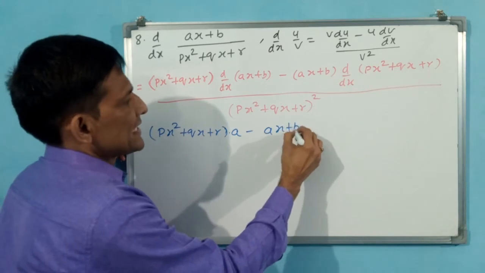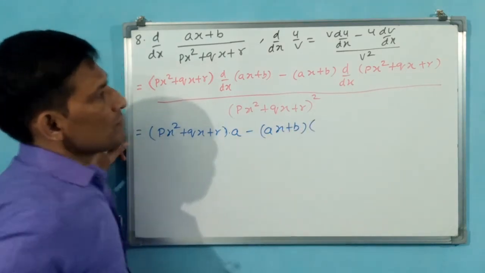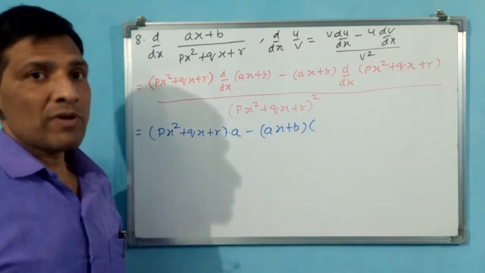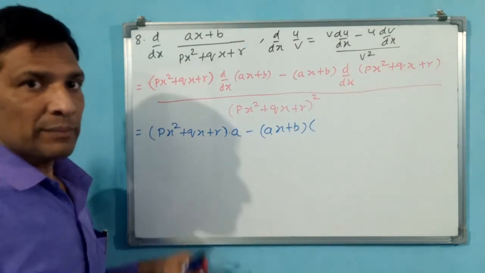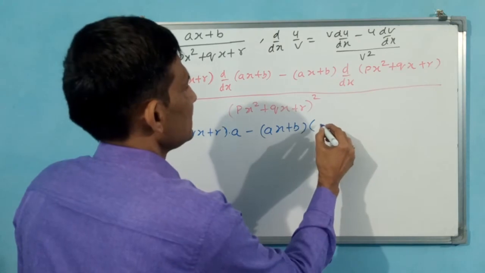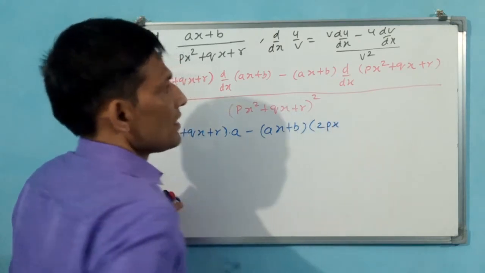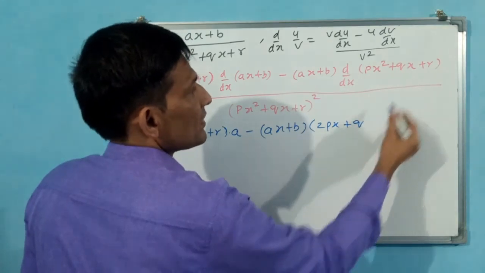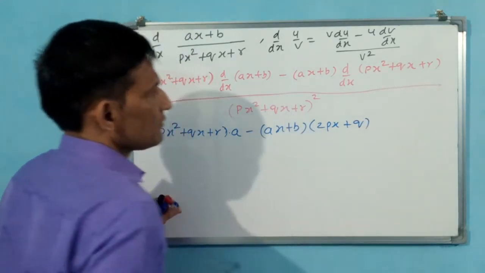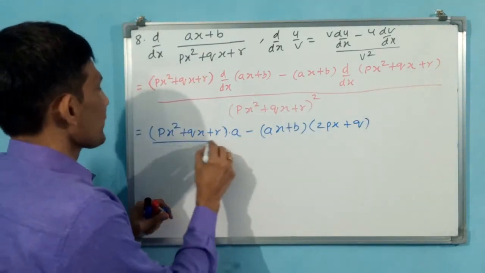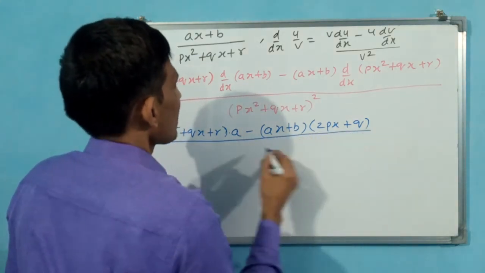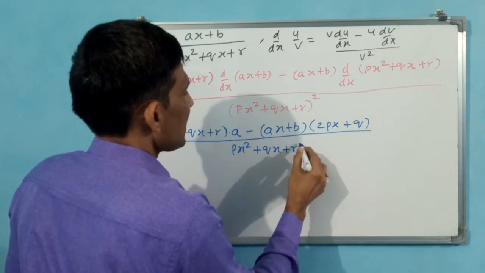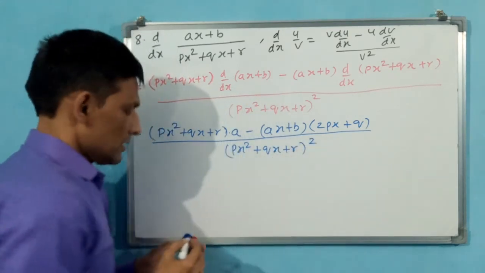Here write carefully, px square means p into 2x, that means 2px. Again plus qx means q. R is 0, I am not writing it. Divided by px square plus qx plus r whole square.